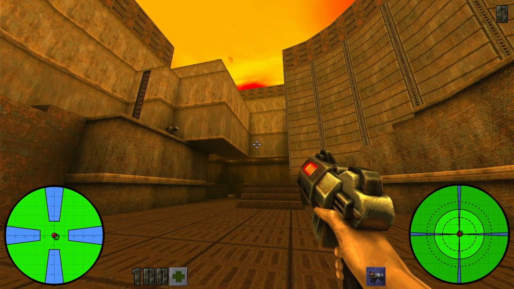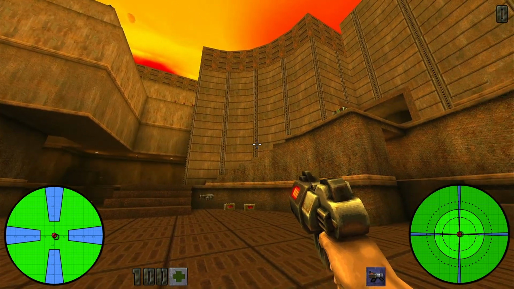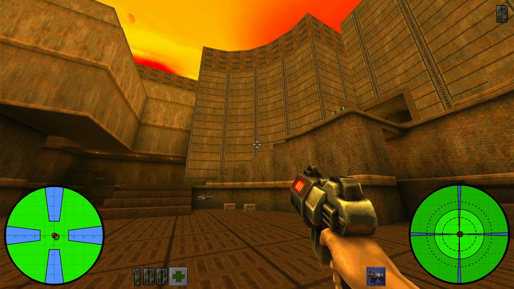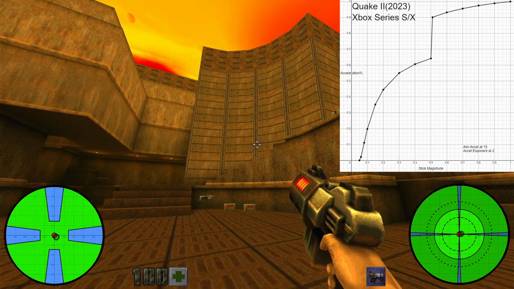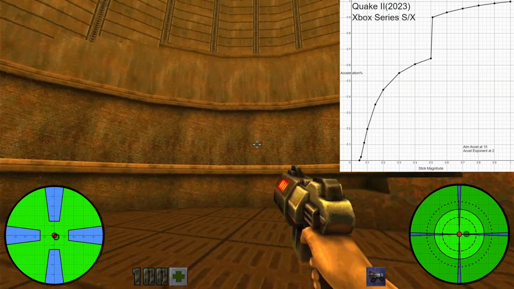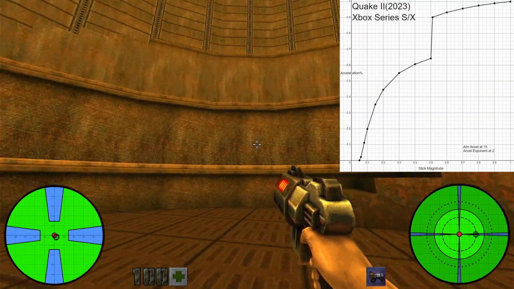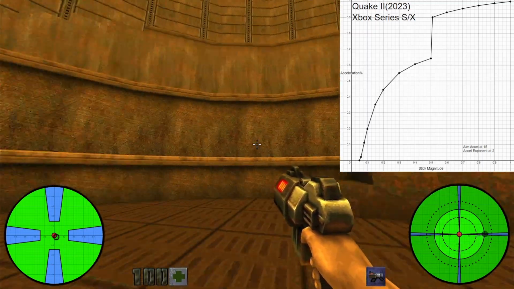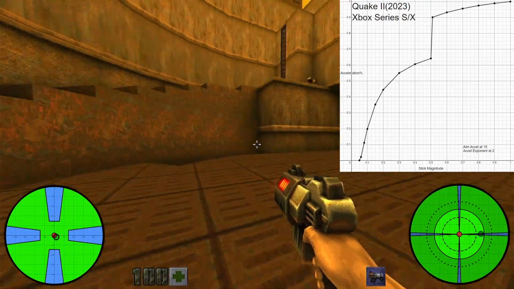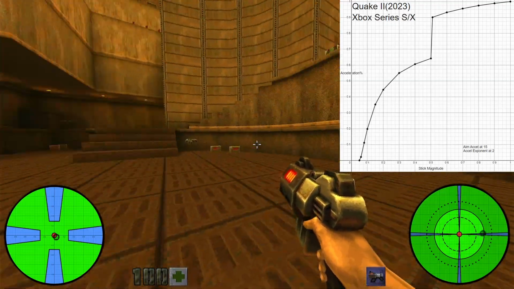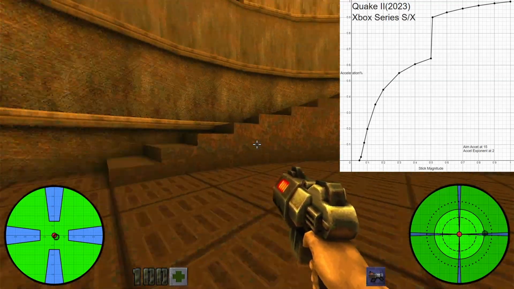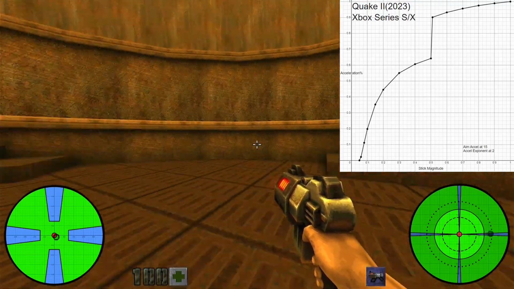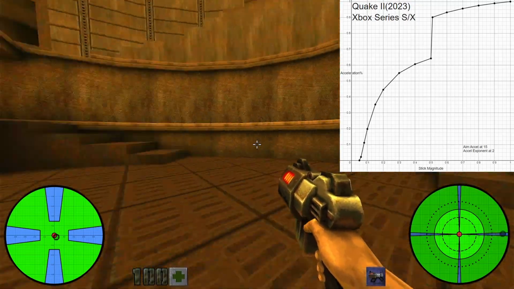So here we have a very slightly slow but very quick transition to a steep increase, and then it begins tapering off, and then there's a jump in acceleration, about 50%. So again, it's a little difficult to see, but no turn acceleration with turn acceleration, and then it tapers off with the remaining stick range.